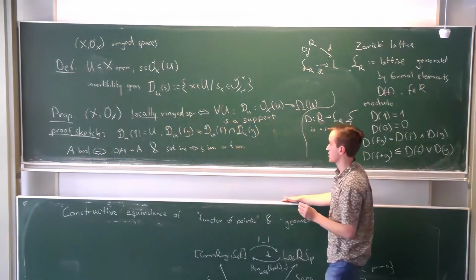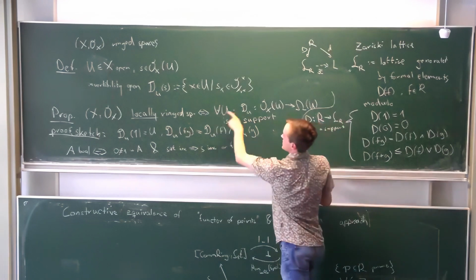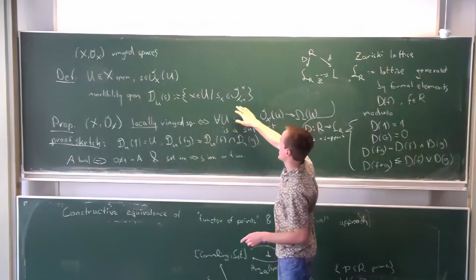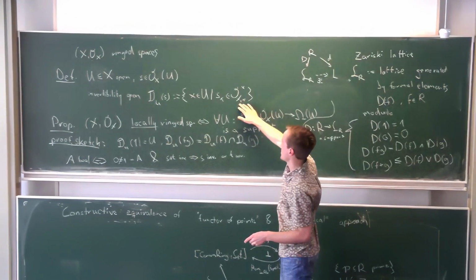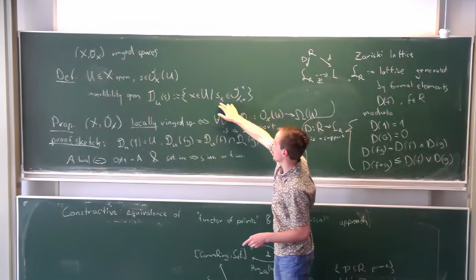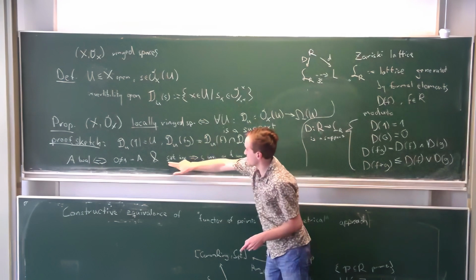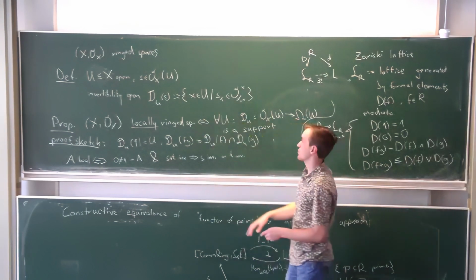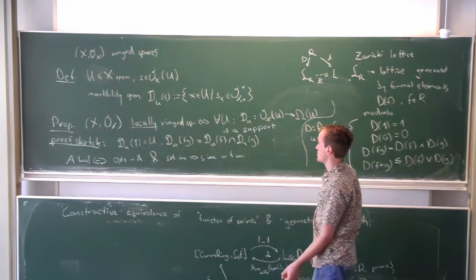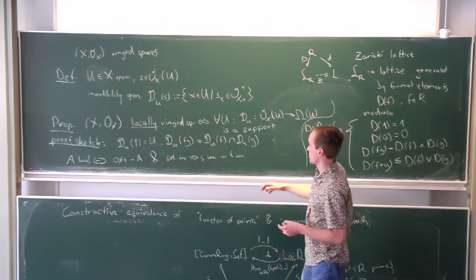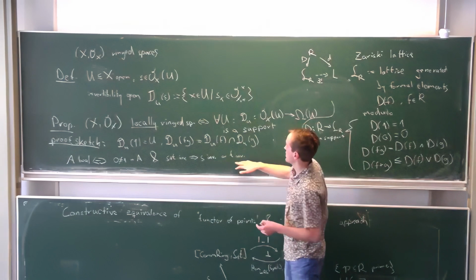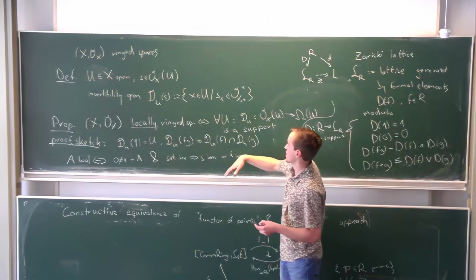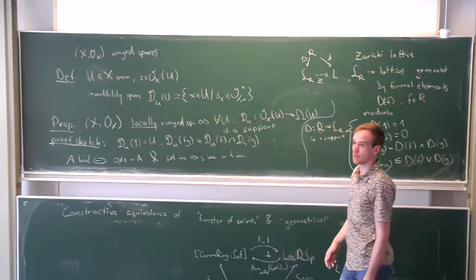So maybe you can already see why this equivalence holds. If we look at any stalk, we have two elements such that at the stalk their sum becomes invertible. That means already one of them had to be invertible, and they come from a section below U.